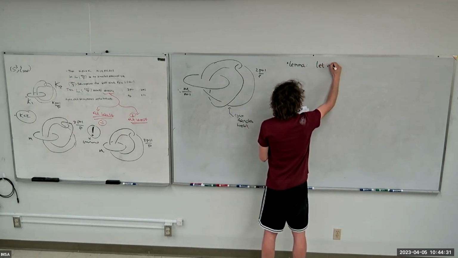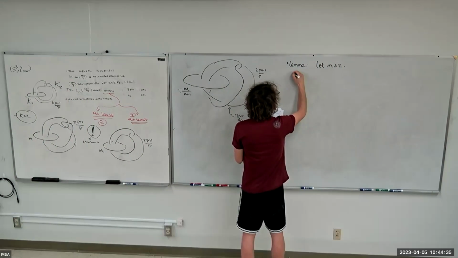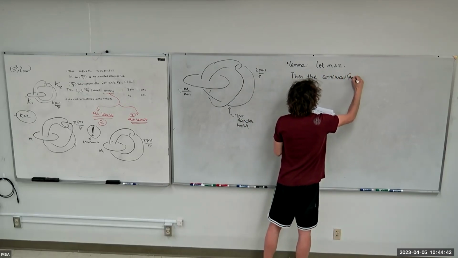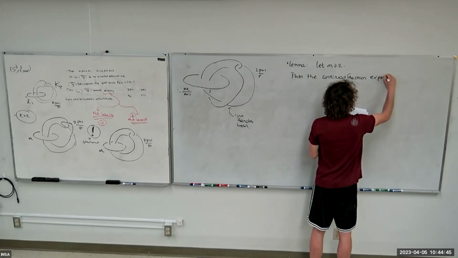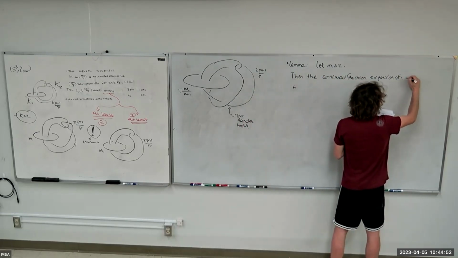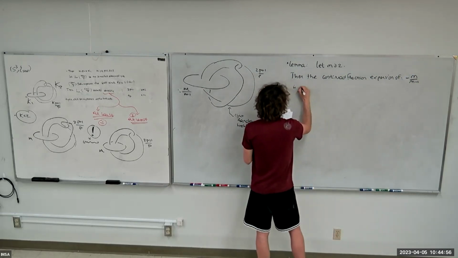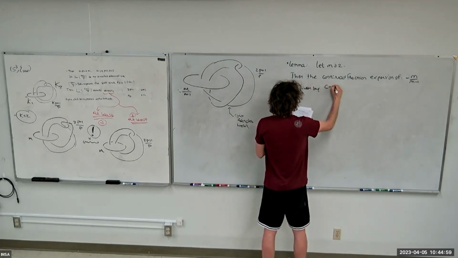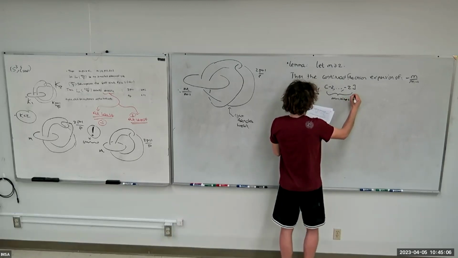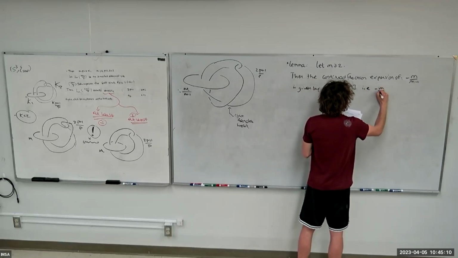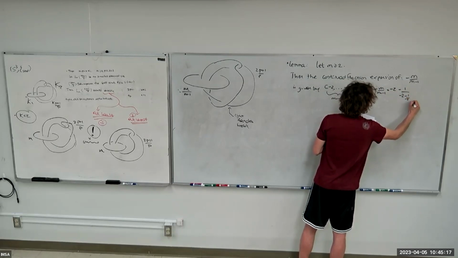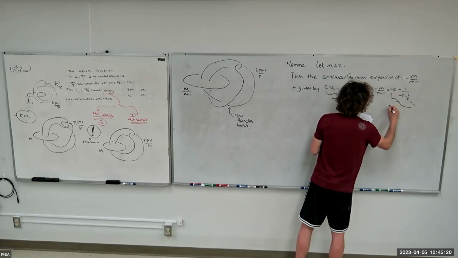So let m be greater or equal than 2, then the continued fraction expansion of, sorry, not of m, of minus m over m minus 1 is given by this guy here, m minus 1 times, in particular, this is just a bunch of minus 2's and so on. So this is m minus 1 times.